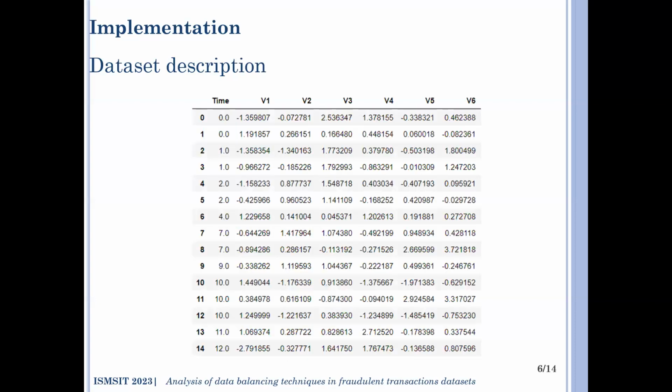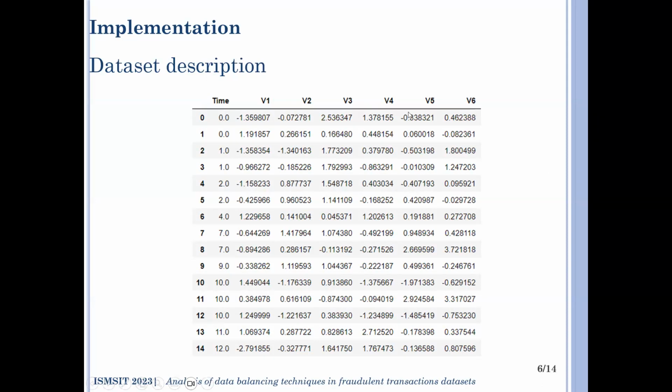Before we balance the classes, we need to carefully investigate the data set, and part of this was already done. The data set was previously analyzed using PCA, principal component analysis. The data set shares the time feature for each transaction, and 28 features denoted V1 to V28.